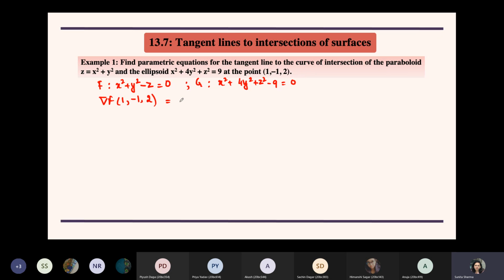That will be the partial derivative of f with respect to x at this point P, plus the partial derivative with respect to y at the same point P, plus the partial derivative with respect to z at this point P. This is the gradient, and when I substitute the values, x is 1, so I get 2i, y is -1, so -2j, and for the third component, I simply get -k. Is it fine till here?